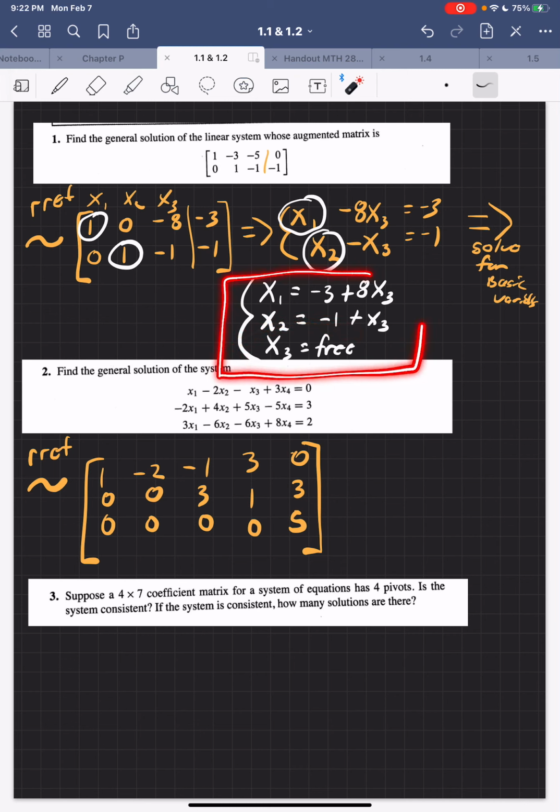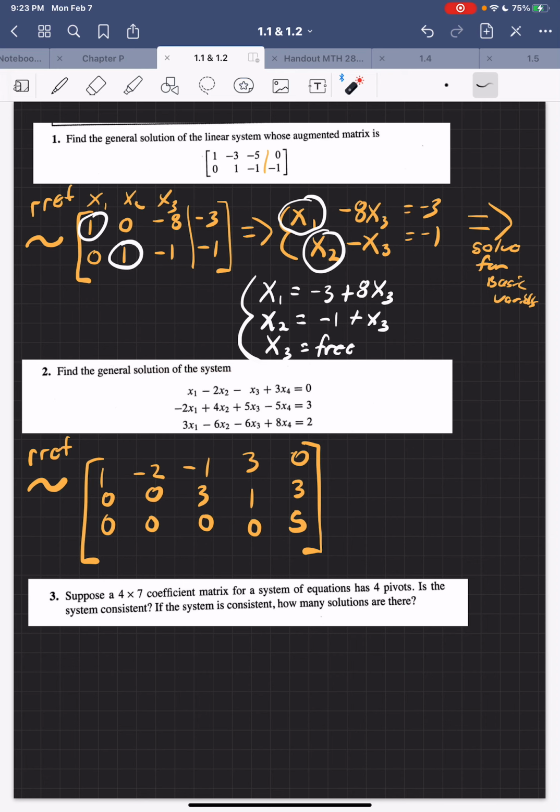This is the general solution, or the parametric description of that system. And you can see how your basic variables are represented in terms of the free variables. You've got to give me this x sub 3 before I can give you an x sub 1. Okay. Now, question 2, you're asked to do the exact same thing.